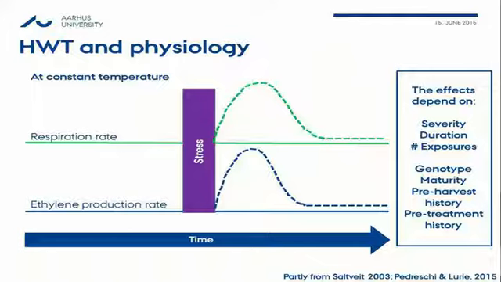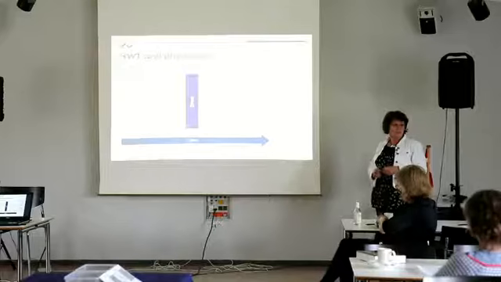But also important is the genotype, which cultivar we are talking about. It's also important how the maturity is, the pre-harvest history, how it was treated in the orchard, but also how we treated it after harvest. That is also very important for the reaction of the tissues to these treatments.